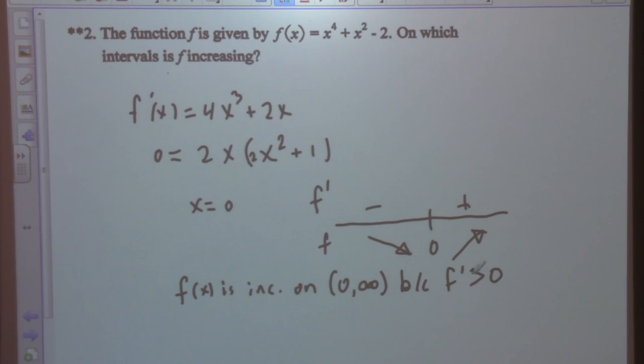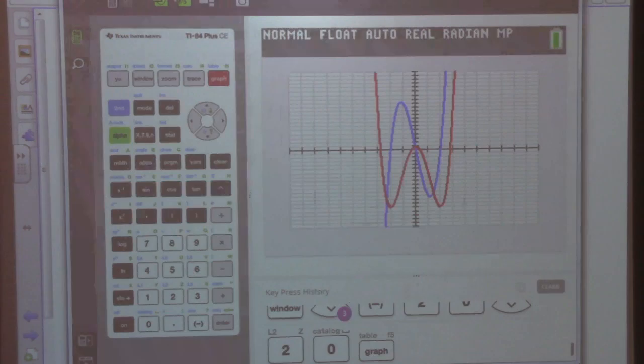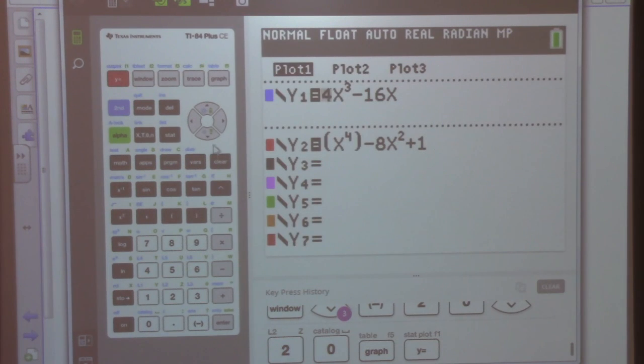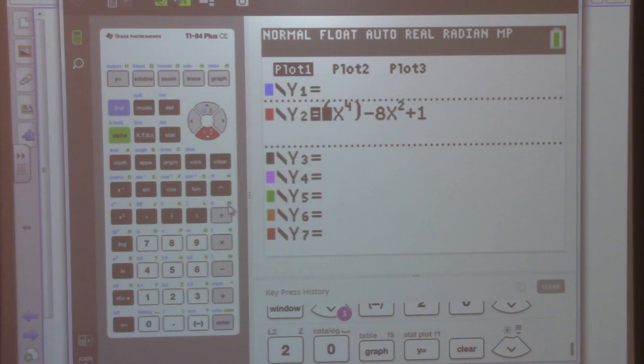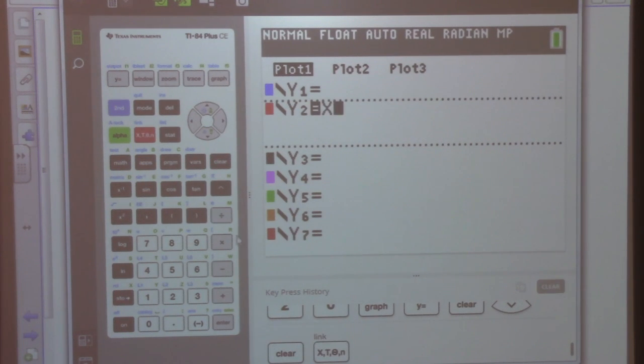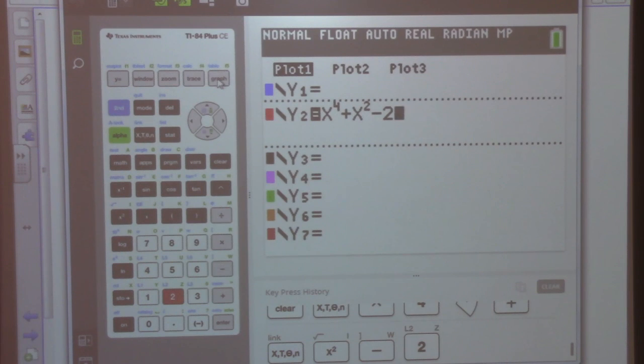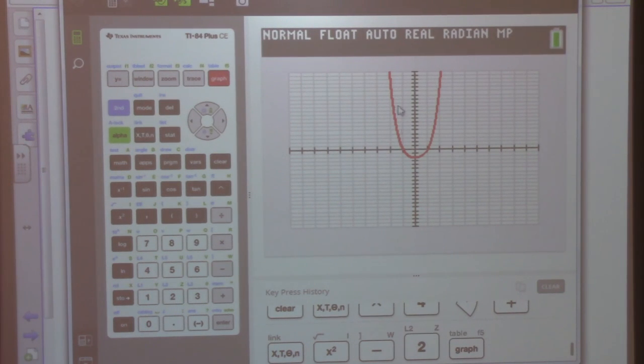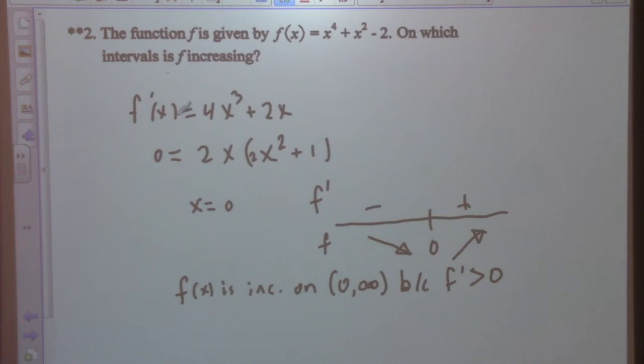Then we put x to the fourth plus x squared minus 2 in the calculator and graph it, and we see exactly that: increasing from 0 to infinity. So that's it.